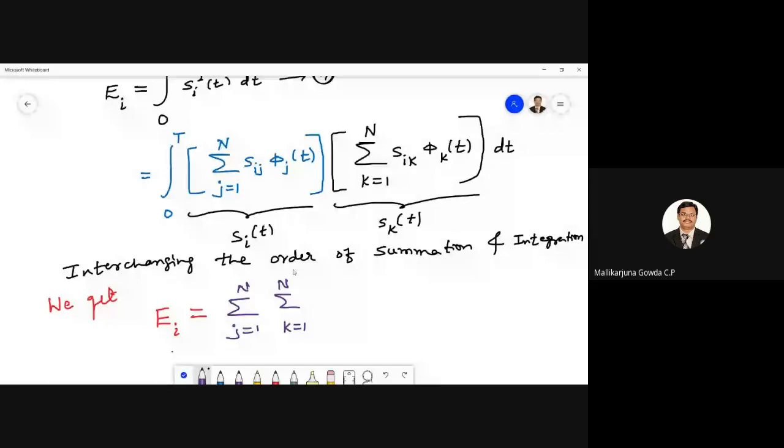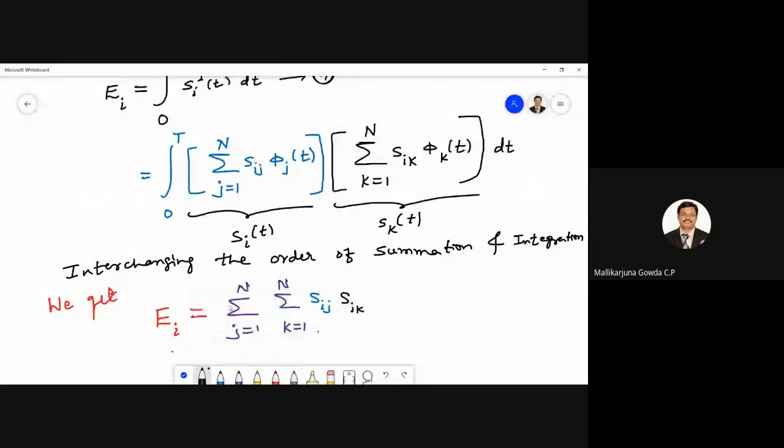So two summations I have taken. Then let me write its coefficients: one is Sij, and another coefficient is Sik.